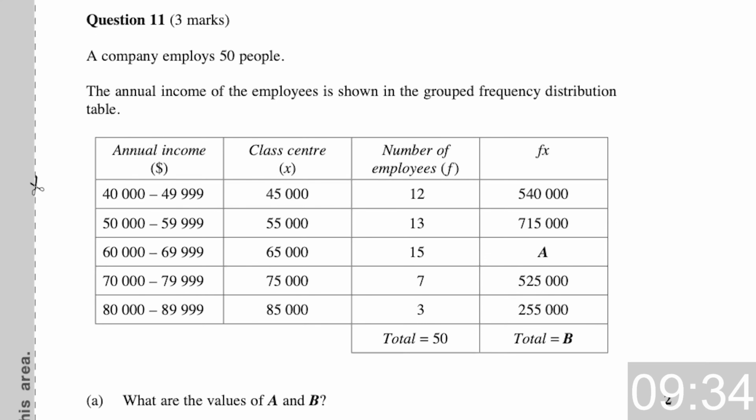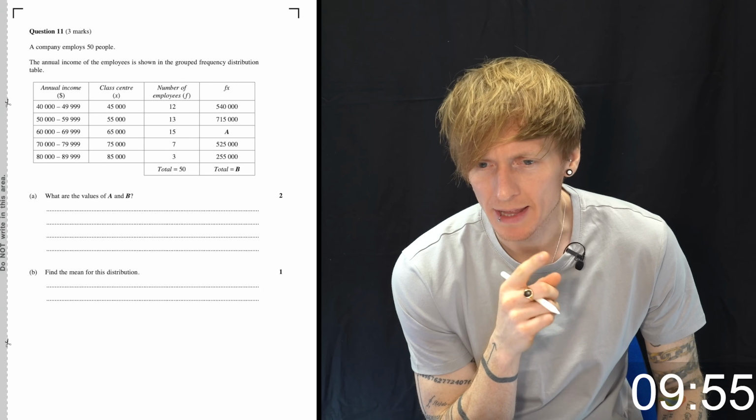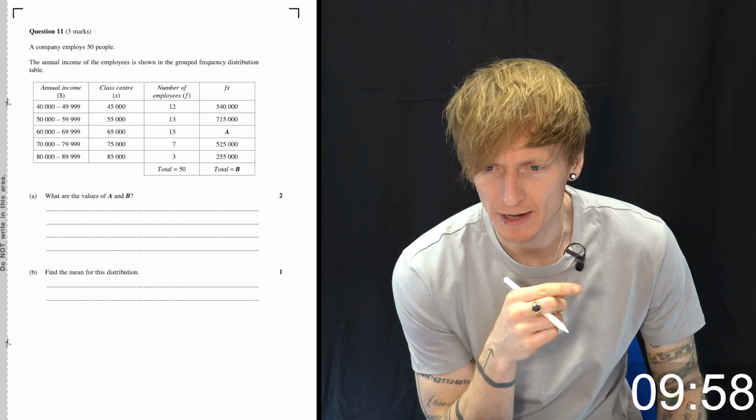What are we doing? Okay, the annual income of the employees is shown in the grouped frequency distribution table. What are the values of A and B? Company employs 50 people. So that's the annual income, and then f of x is f multiplied by x.